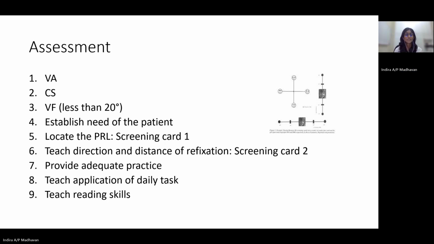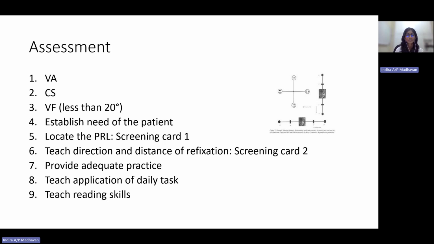Because if, let's say, the central scotoma that the patient is having is bigger than 20 degrees, we're not able to train the patient effectively with eccentric viewing training. So that is the reason why we need to do the Jerome screen test.